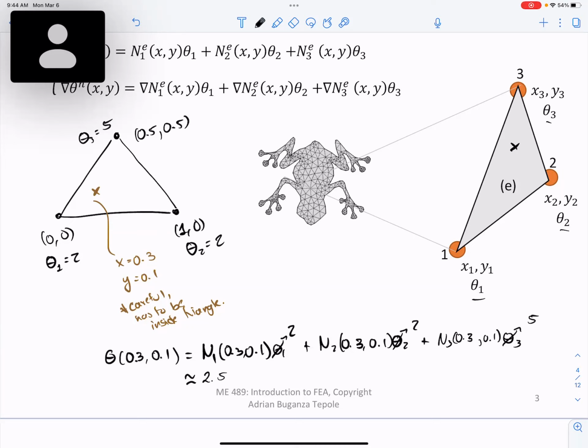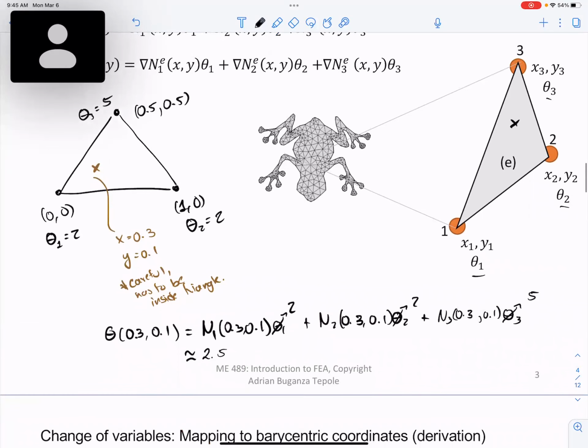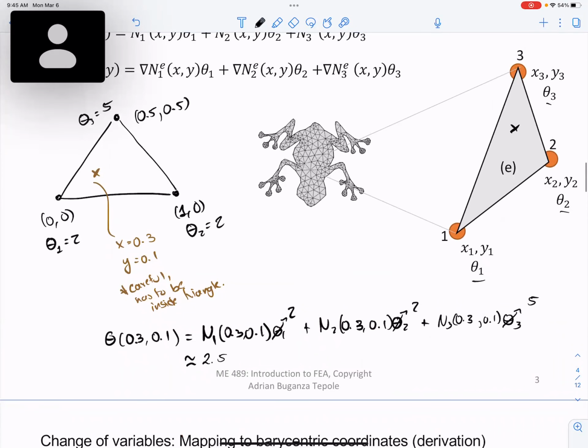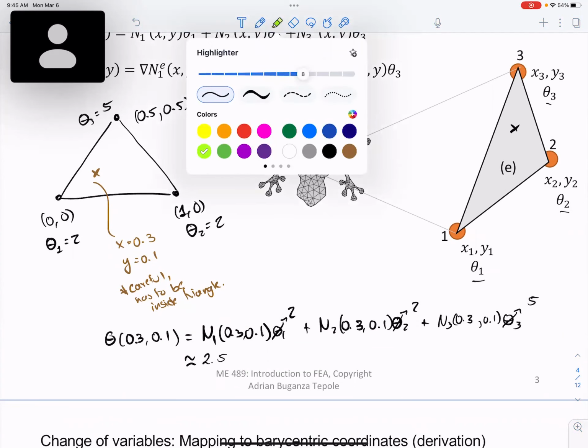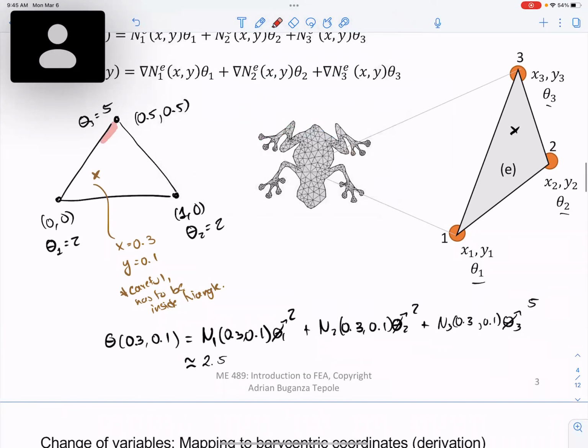It seems like it's only changing from the bottom to the top. And you could do that for basically a ton of points inside of the triangle. If you evaluate for many, many points, you would end up evaluating the corresponding contour.